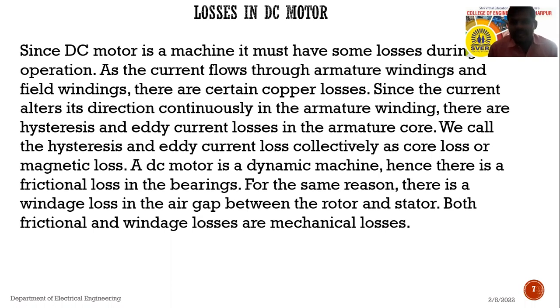If a rough bearing is used, the operation of the machine will be rough. Then there is a loss like friction loss, which provides some opposition to rotation. So there is a friction loss.